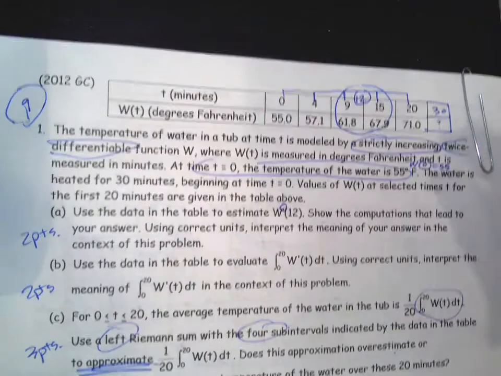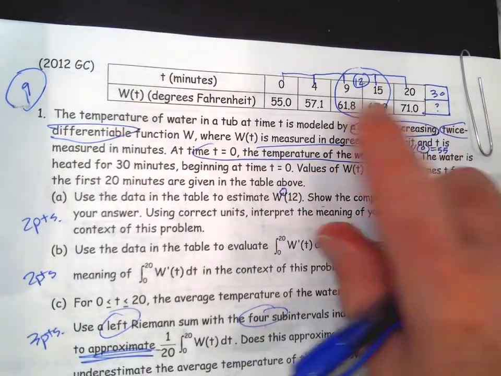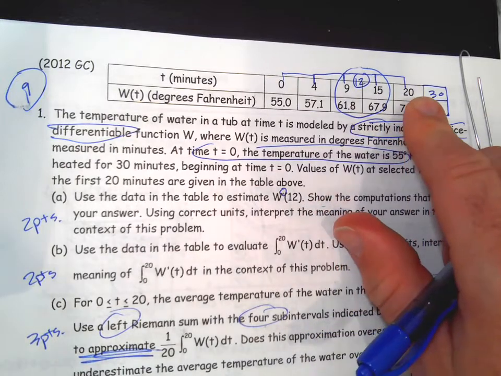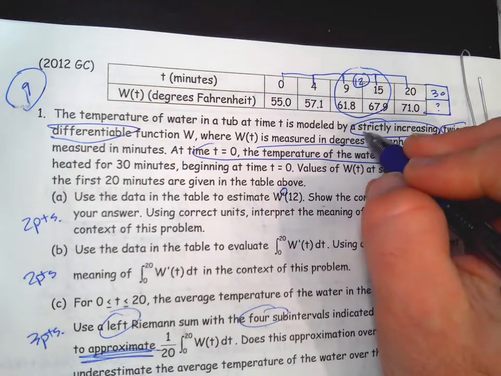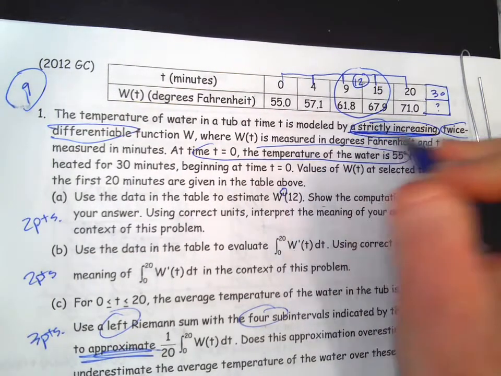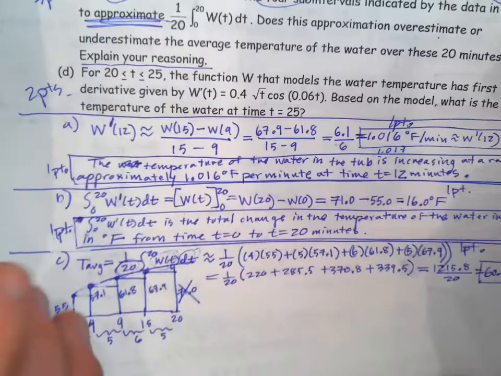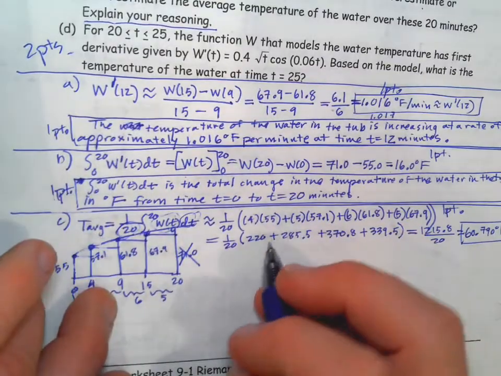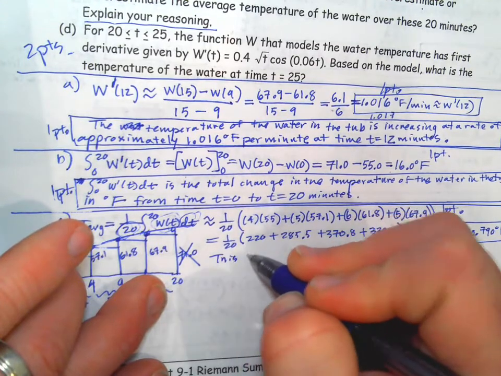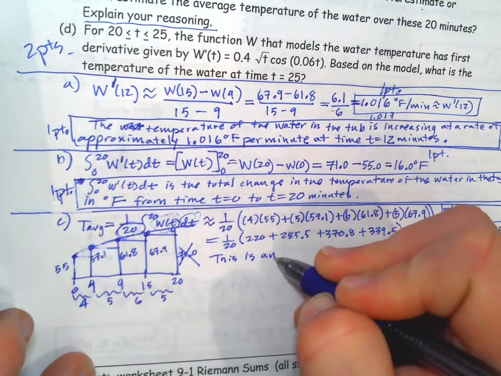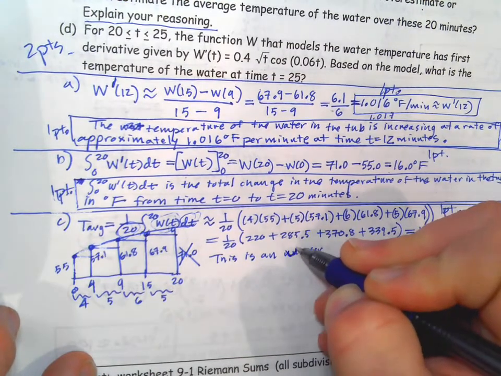Now, if you're going to say because it's increasing, just because this graph is going up all the time, doesn't mean it's increasing in between. You can't assume that. The only reason we know for sure it's increasing the whole time is because they told us right there. They told us. So we need to mention that. So we're going to say this is an underestimate.